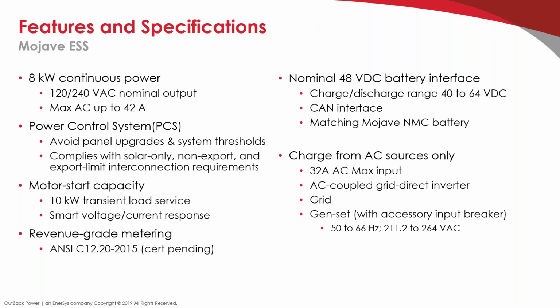So basic specifications, as I said, 8 kilowatts continuous power. We have max current output up to 42 amps, which is obviously a little more than 8 kilowatts. I'll get to that in a second. And then we have a power control system built in. So we're still in the process of getting this certified.